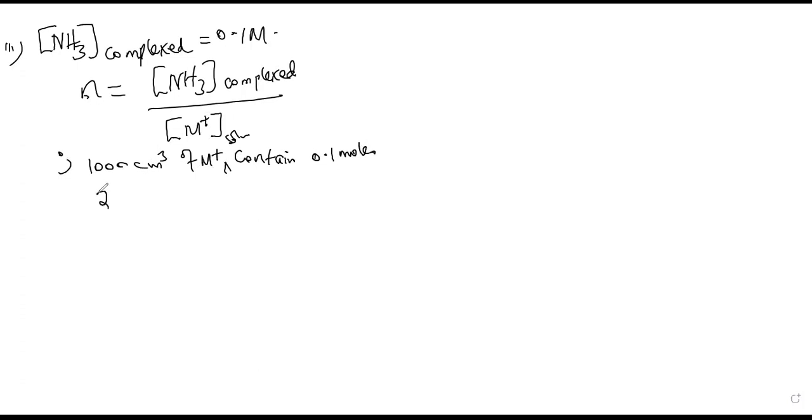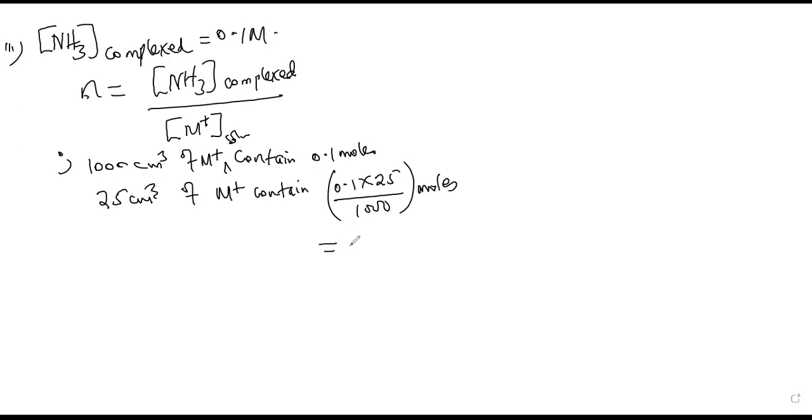Then what about 25 cubic centimeters? That will contain 0.1 times 25, everything out of 1,000 moles, which is equivalent to 2.5 times 10 to the power negative 3 moles. So these are moles of the metal ion.